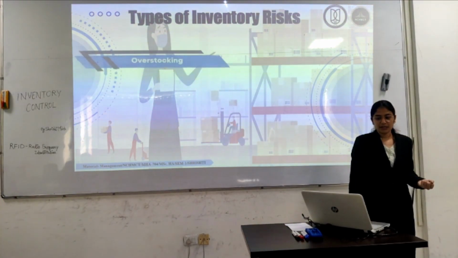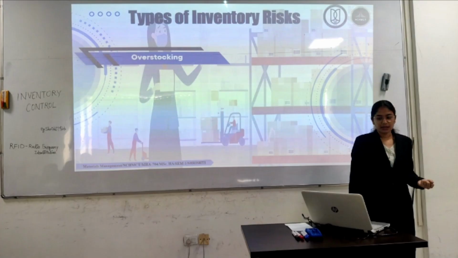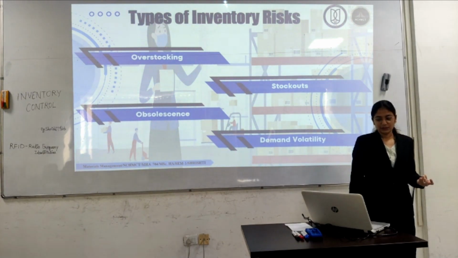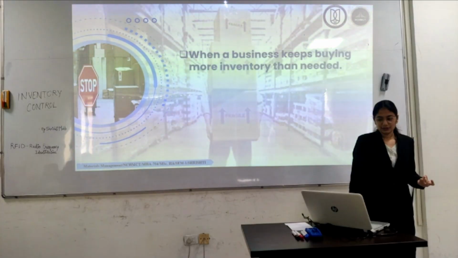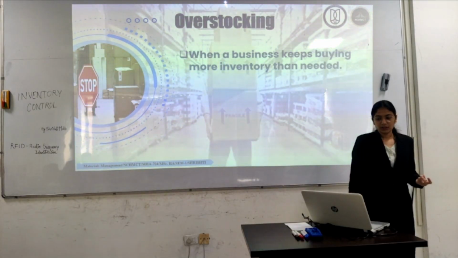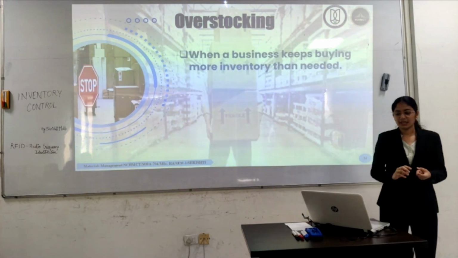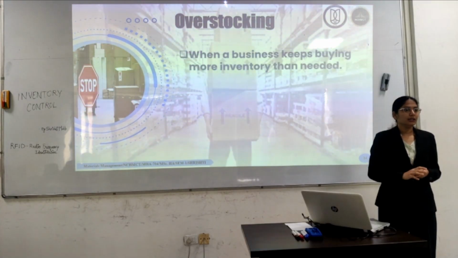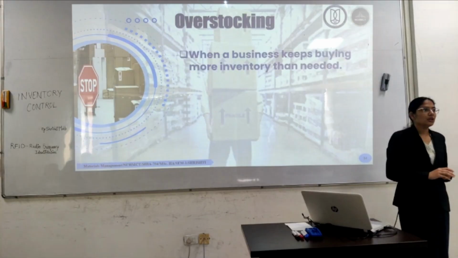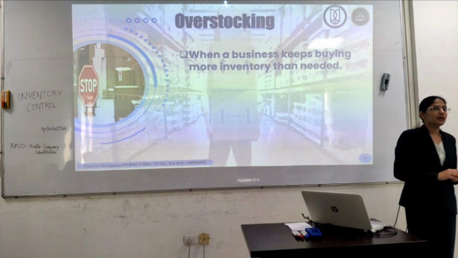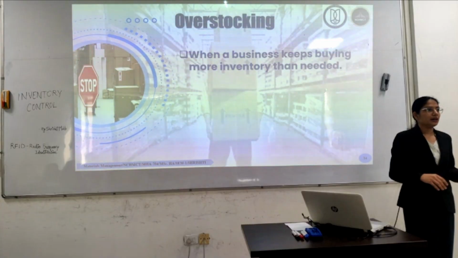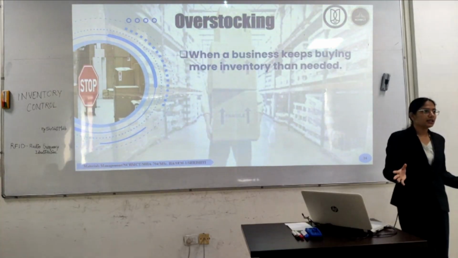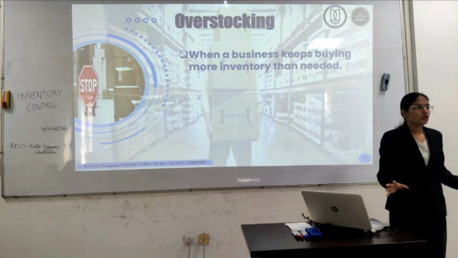The types of inventory risk can be overstocking, stock out, obsolescence, and demand volatility. First is overstocking. Overstocking is when a business keeps buying more inventory than needed, for example, room amenities purchased in bulk when the hotel does not require that much, so they are only kept.